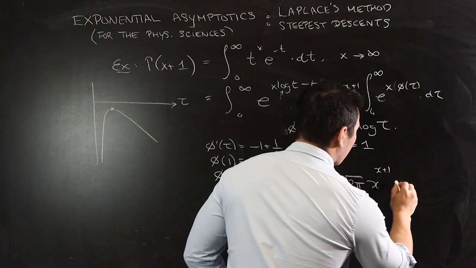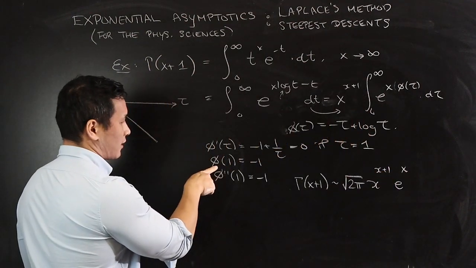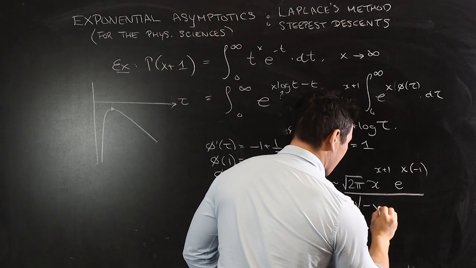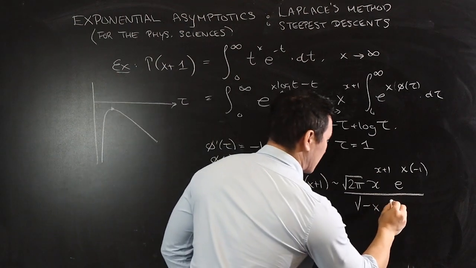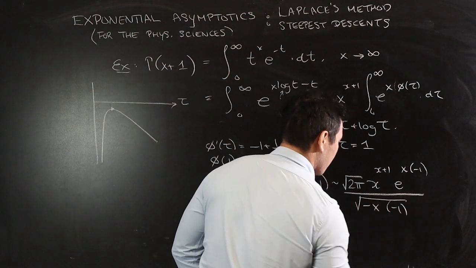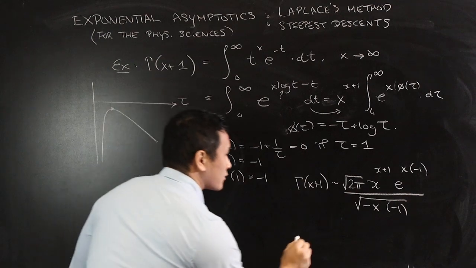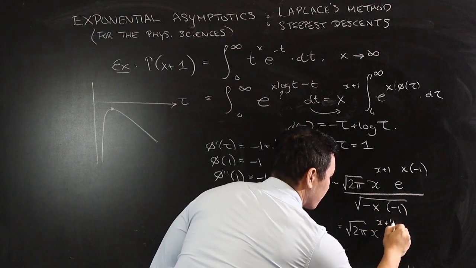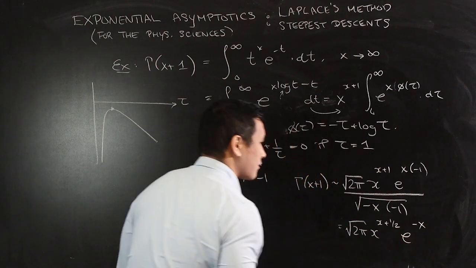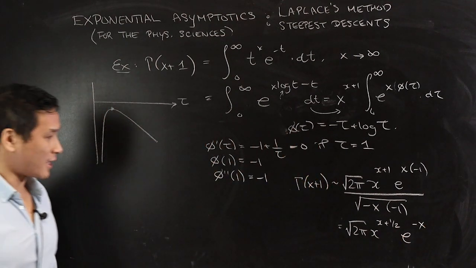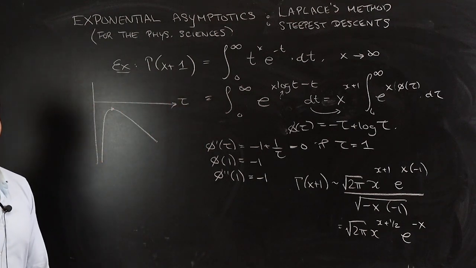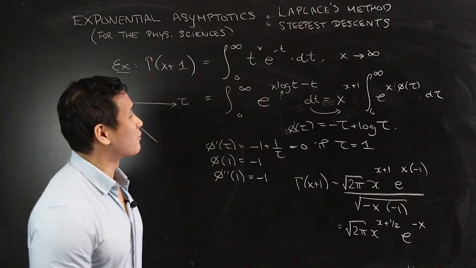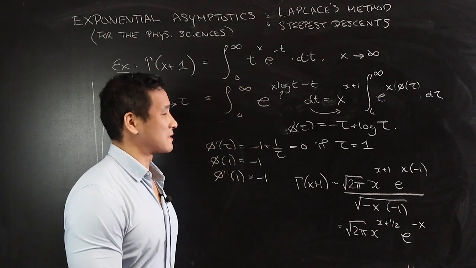And then I have e to the x times phi of c, so that gets me a minus 1. And then I have a root of minus x times the second derivative, so that gets me a minus 1 there. And so this is essentially root 2 pi times x to the x plus a half times e to the minus x. And this, if x is a positive integer, is essentially Stirling's formula. So we've just derived it, as long as you have the integral to start off with.